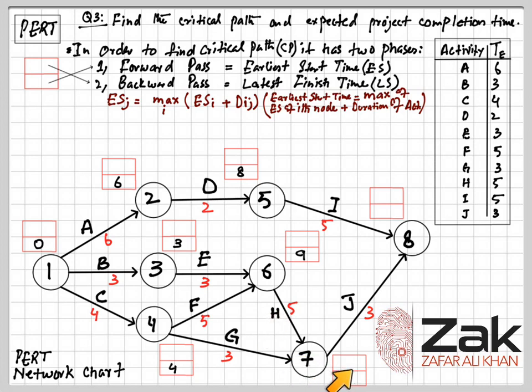So we will be putting 14 at node 7 as the earliest start time of J. And then over here for completion, first we have 5 plus 8, 13, and then we have 14 plus 3, 17. So we will be taking 17 as the earliest start time.